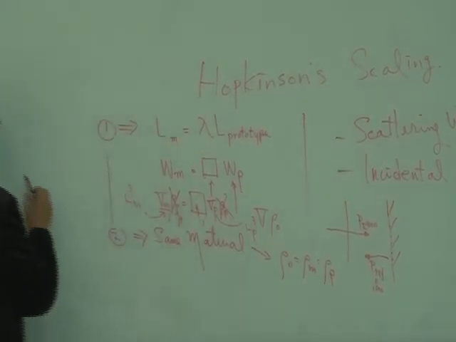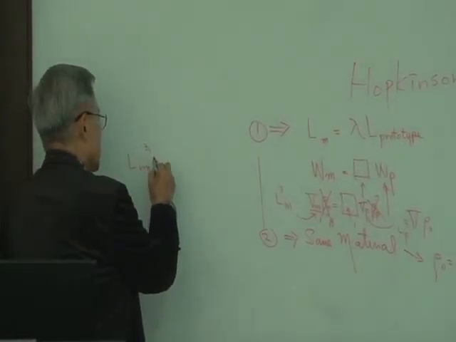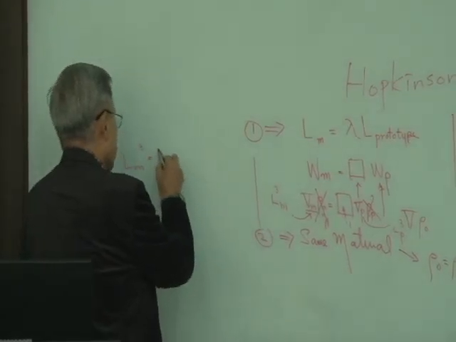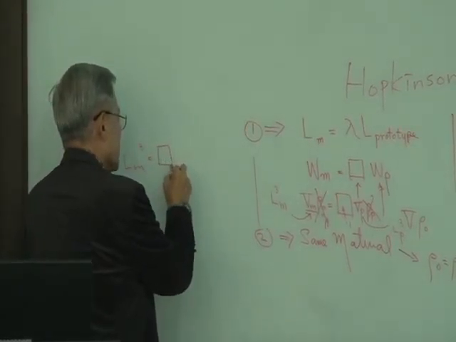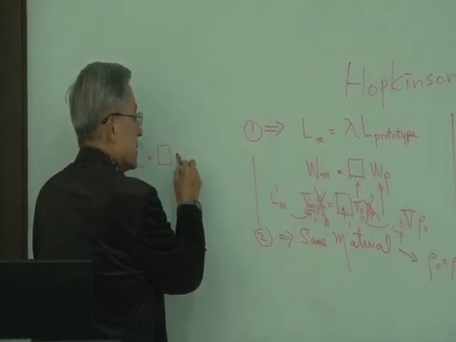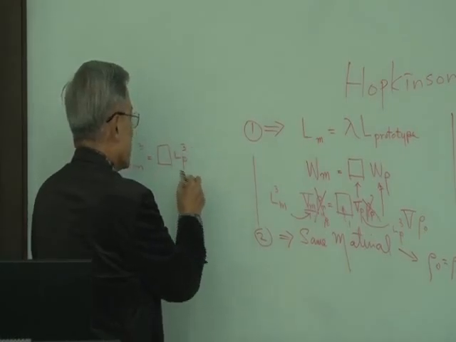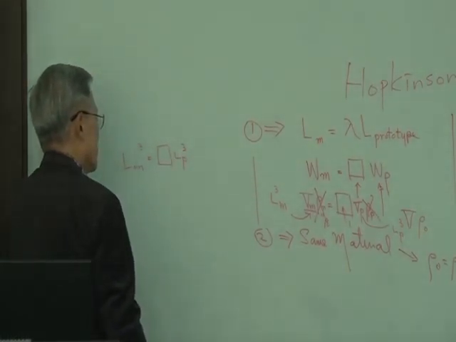So if I rewrite, length model cubed is equal to the scale factor times LP cubed. Rho is all canceled.